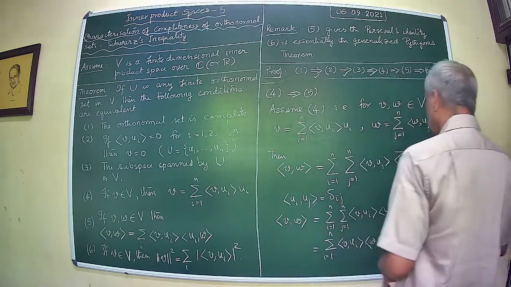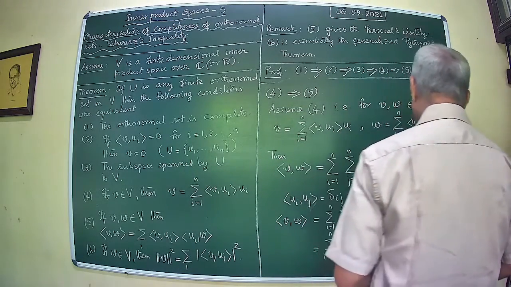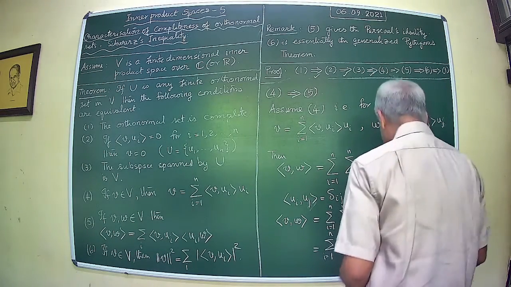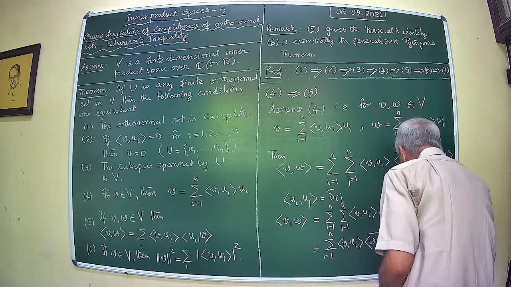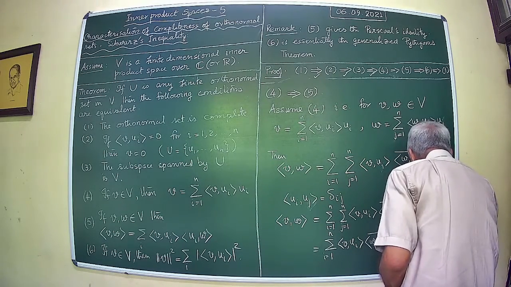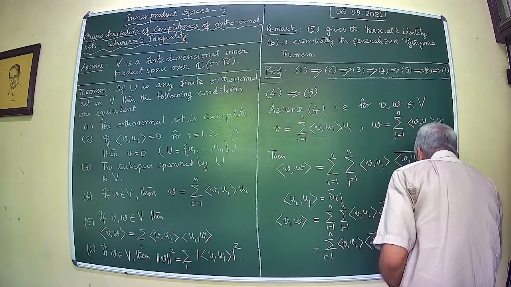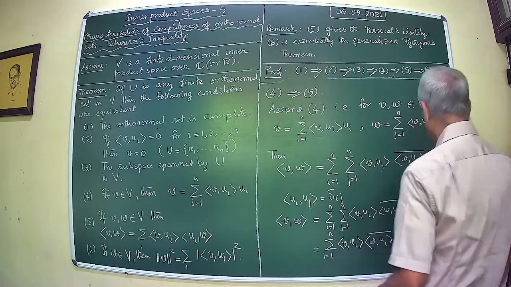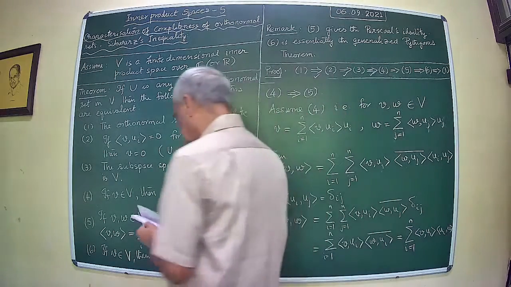Here, conjugate. So that completes the proof, and this is what is called the Parseval's identity.